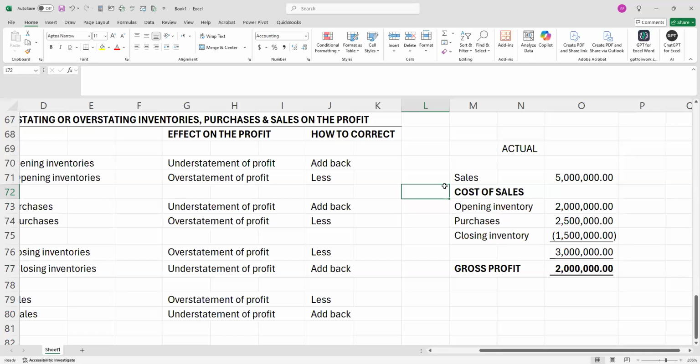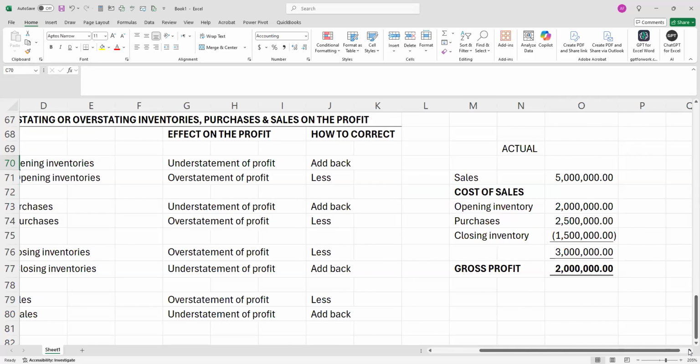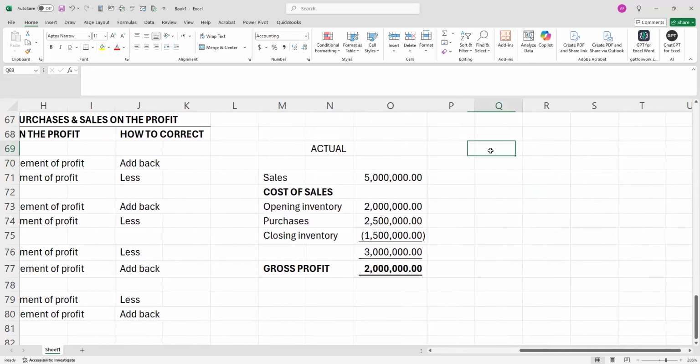What would be the effect of overstating our opening inventory? See the effects, my good students.